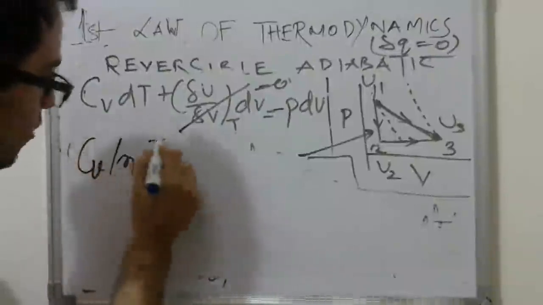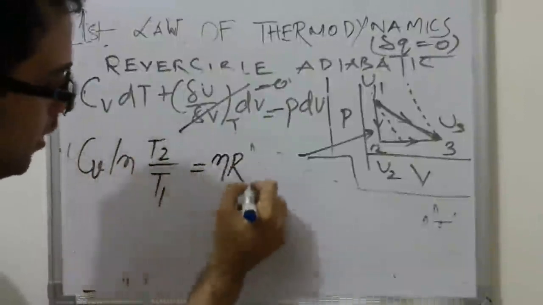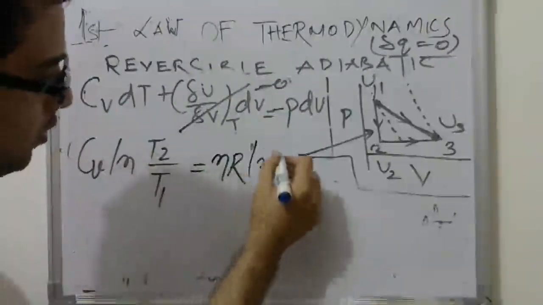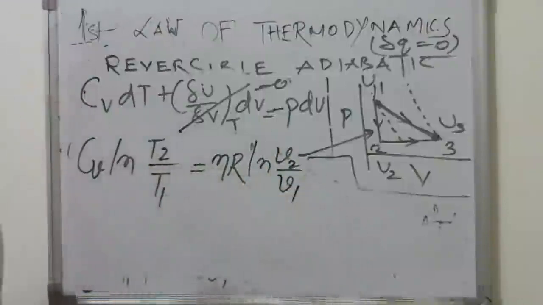which will be CV ln T2 by T1 is equal to nR ln V2 by V1. Okay.